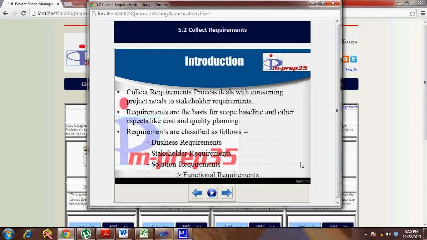The requirement documentation does not directly deal with the solution. Solution is only one part of it, but it puts down what the business requirement is, and what the needs of the different stakeholders are, in the form of stakeholder requirements, by writing use cases and specifying the context in which the system or the requirement is needed.